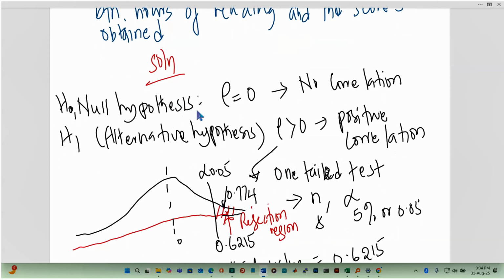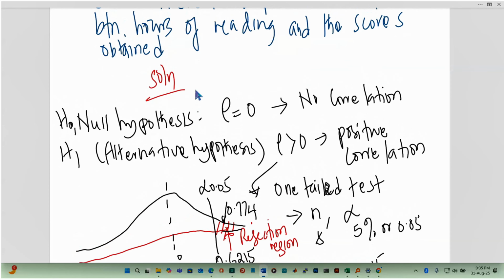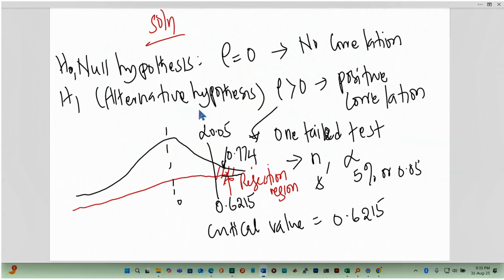So if we find that the null hypothesis is rejected, then there is evidence that suggests that there is a negative correlation.